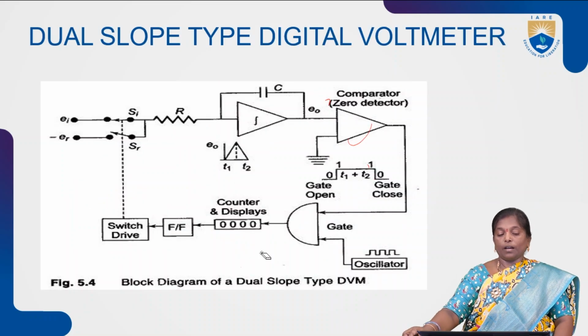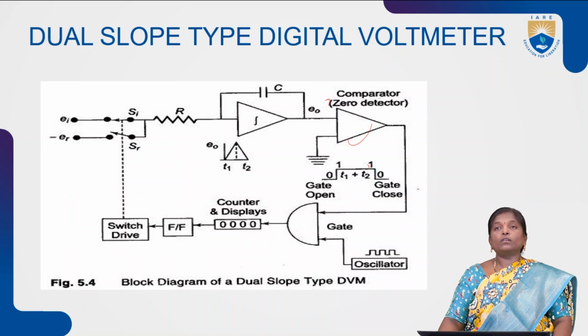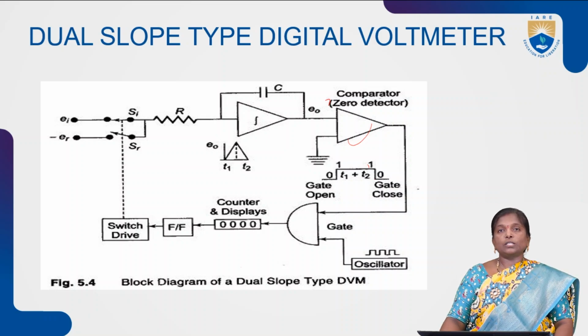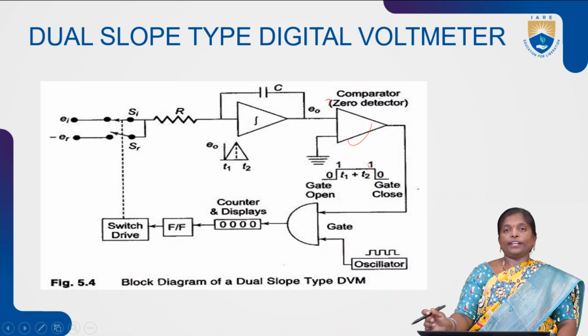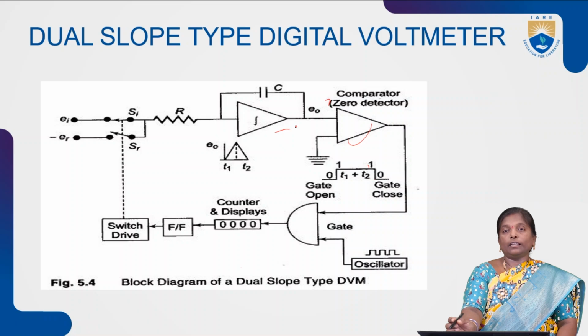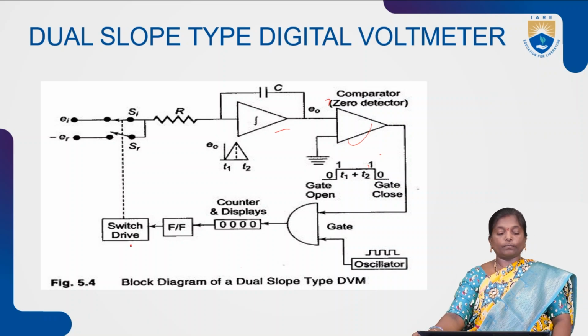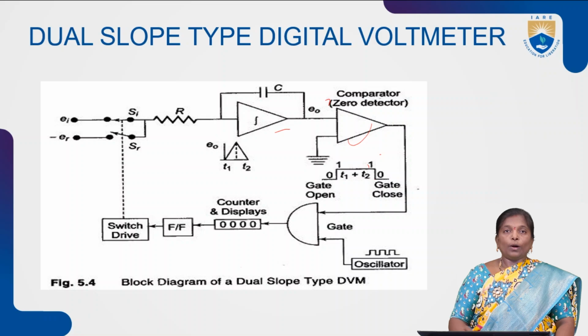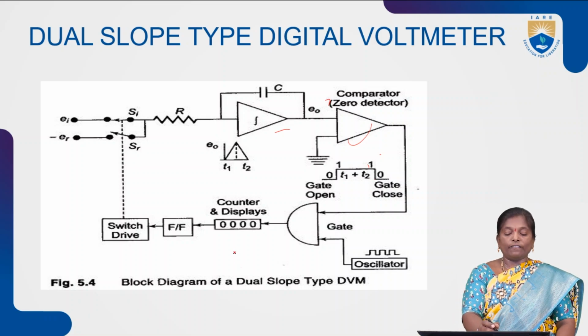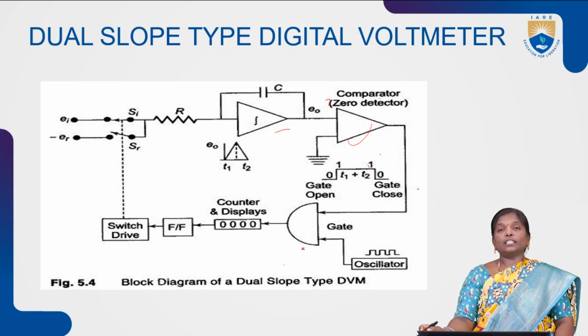Once again, let us verify the operation of the dual slope integrating type of digital voltmeter. In this, we have different blocks like integrator, comparator, gate, counter or display unit, flip-flop and switch drive. Before applying the input voltage, we reset the counter.